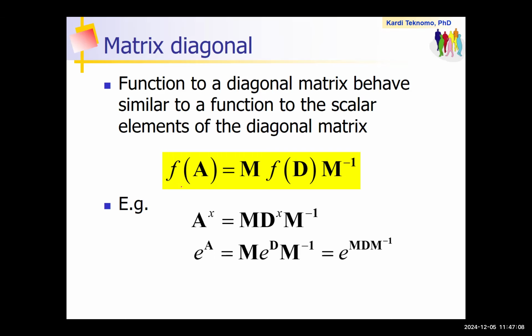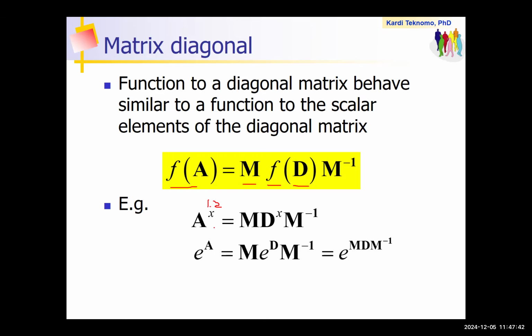Example: if I want to get A exponent 1.2, how can I calculate exponent 1.2? If A exponent 2, I can calculate because it is A times A, right? But A exponent 1.2, you cannot do, isn't it? You can, yeah. How? First, you get the modal matrix, and then you form the diagonal matrix.